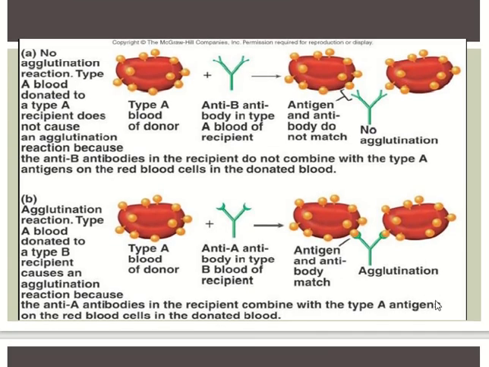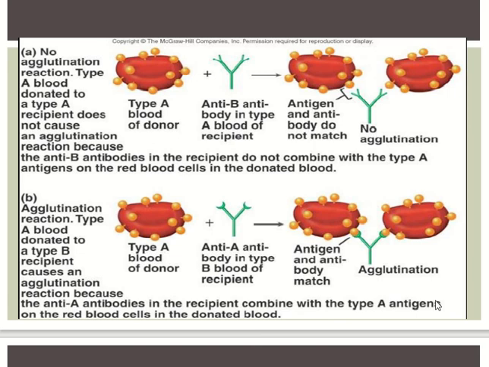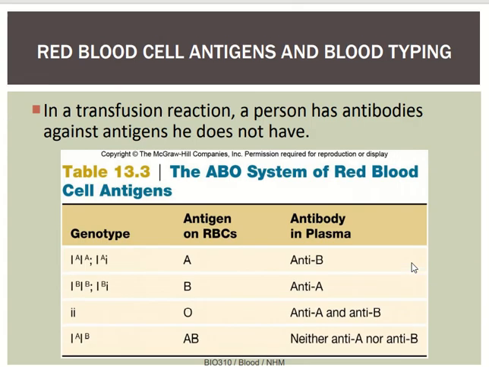Okay, this is the same. As you can see here, this one refers to no agglutination reaction occurring because the cells are compatible. The red blood cells of the donor and recipient are compatible. Therefore, no agglutination will occur. If the blood of the recipient and donor are not compatible, then agglutination will occur, and in the end it might cause hemolysis to happen.